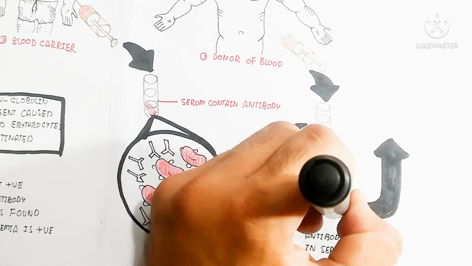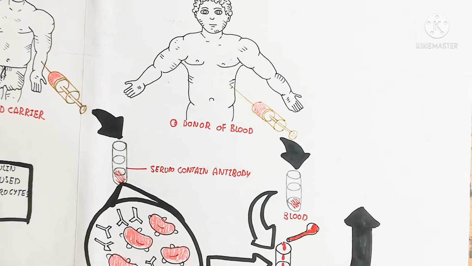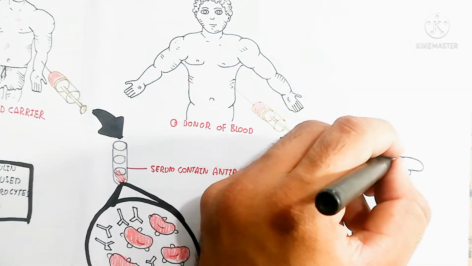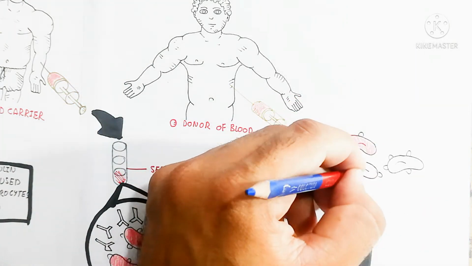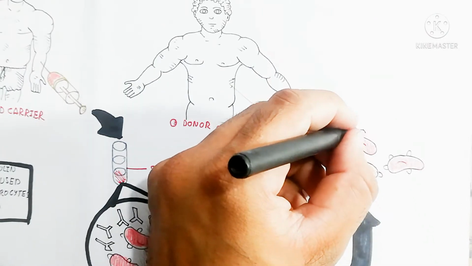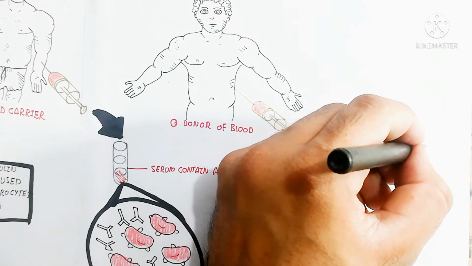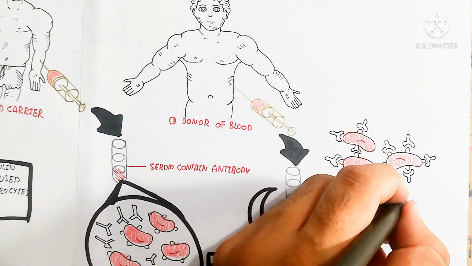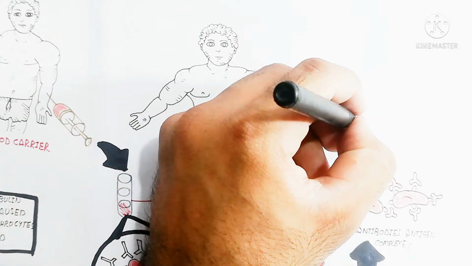What is the reaction? The antibody antigen complexes are present, which are bound. After this binding we can't detect the antigen binding because it is not agglutination. Agglutination will not occur, no clump formation, but we will check by adding the Coombs reagent, IgG antibodies, which are the Coombs reagents.